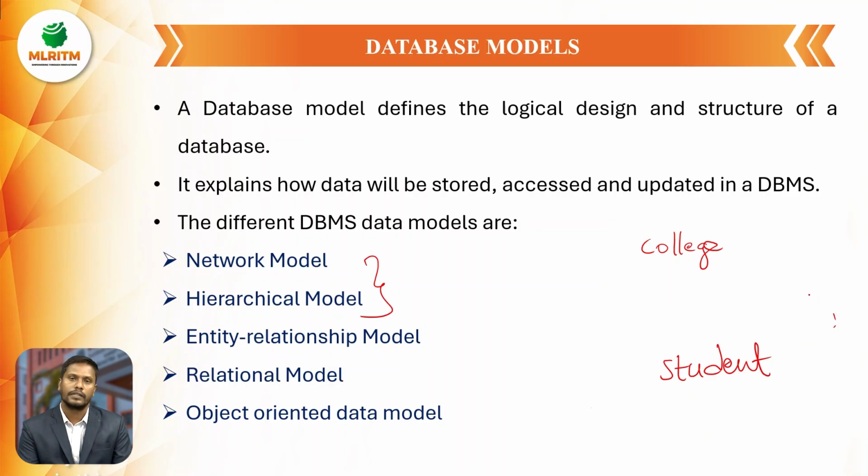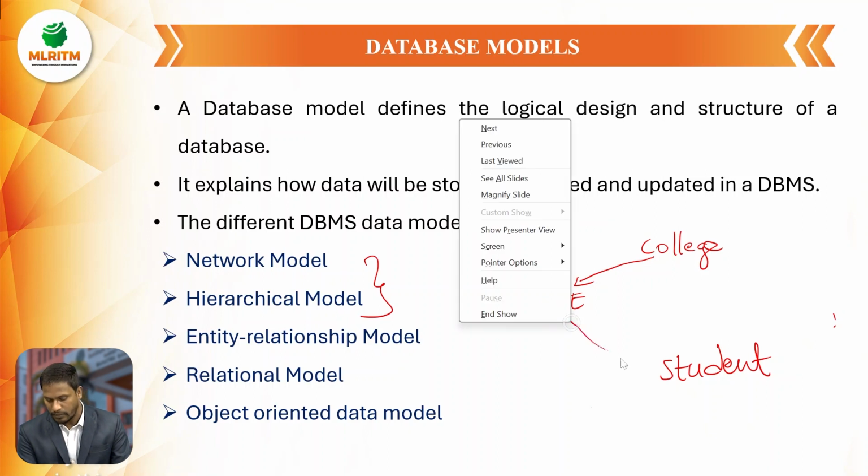Here, for the interconnection between these two, for example, we take some department like CSC. There is a college that has a department called CSC, and this department has students.